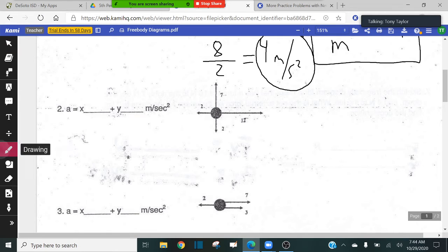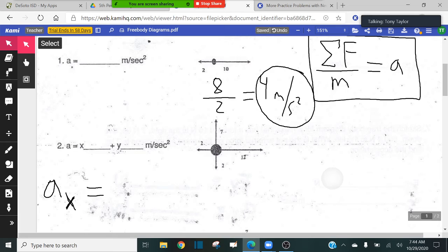So we're going to start with the acceleration in the x direction first, or in other words, the acceleration in the horizontal direction. So remember what Newton's second law says. In order to solve for acceleration, it is the sum of our forces divided by our mass. So if we add up these forces, that's a positive 12 and that's a negative 2.